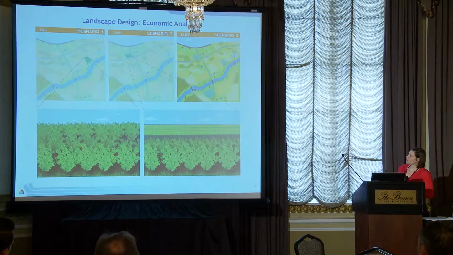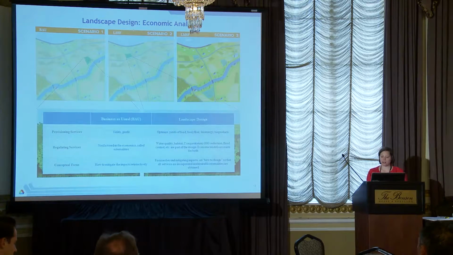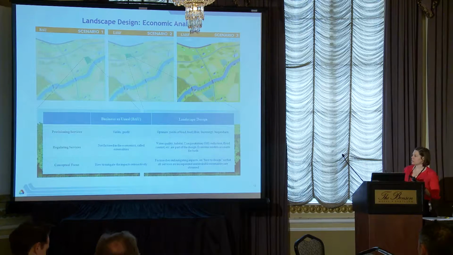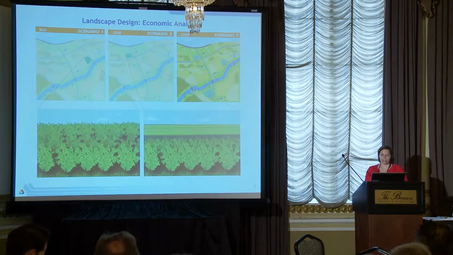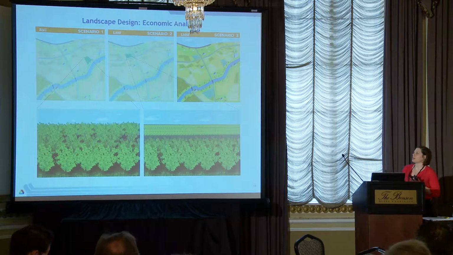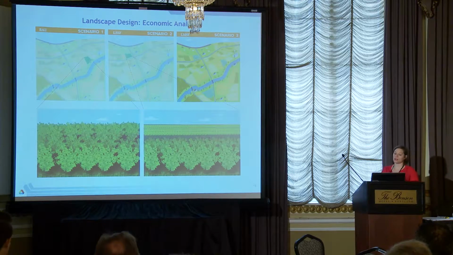But our 2 other scenarios are our landscape design, and I brought this up on our first slide, but just to go over the difference between business as usual and landscape design in terms of the services we're expecting to get out of it, as well as the different goals. For our landscape design, our first scenario is a single subfield.